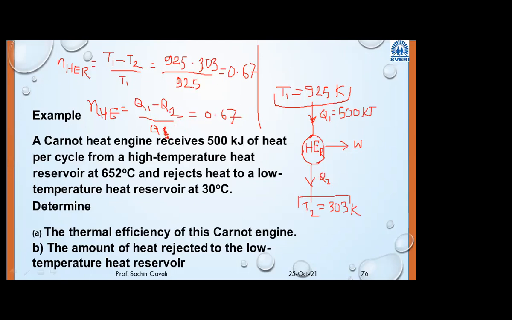So it is 0.67, with Q1 equal to 500. Now you can determine Q2. What is the Q2 value in that case? How much is rejected?